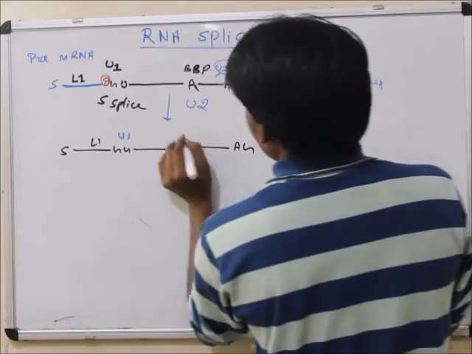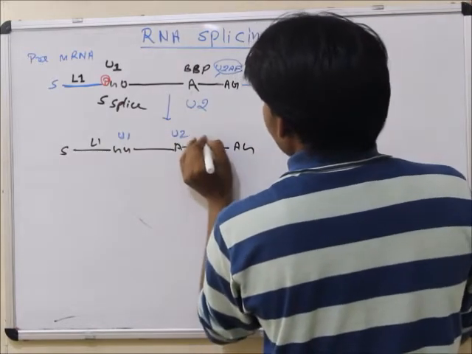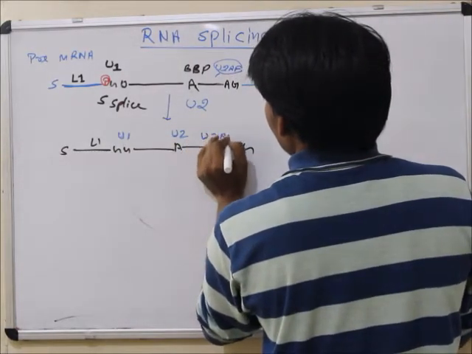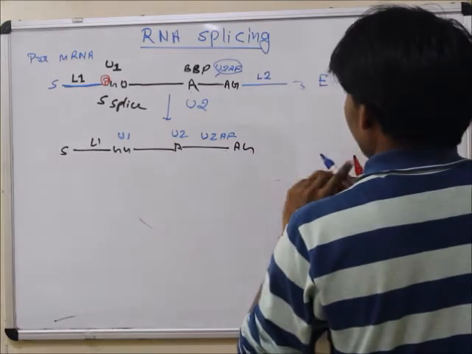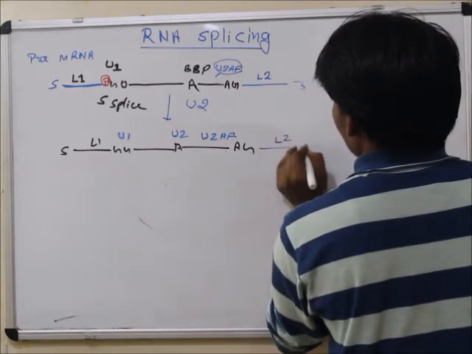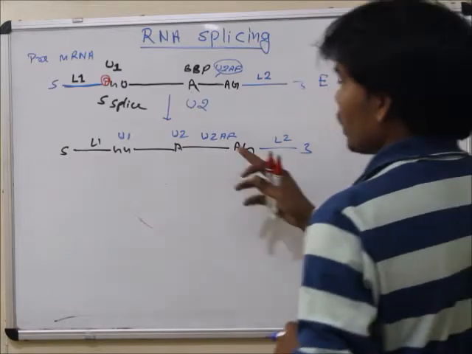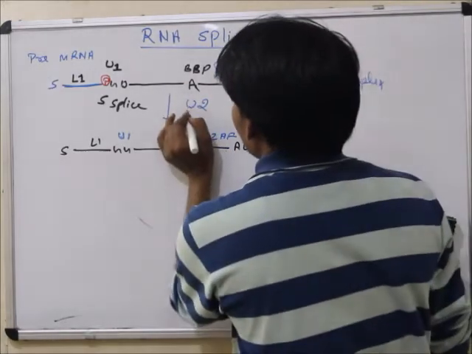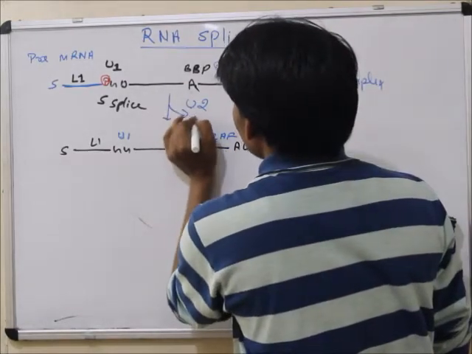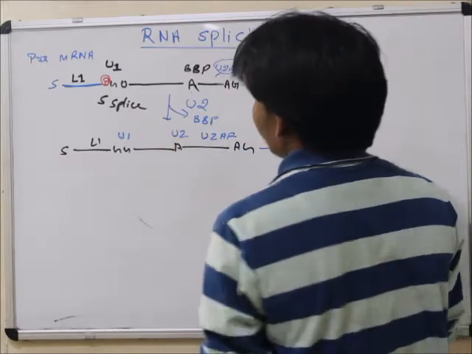Okay, and here U2 replaces U2AF, and that is L2. This is replaced; U2 replaces the BBP proteins.